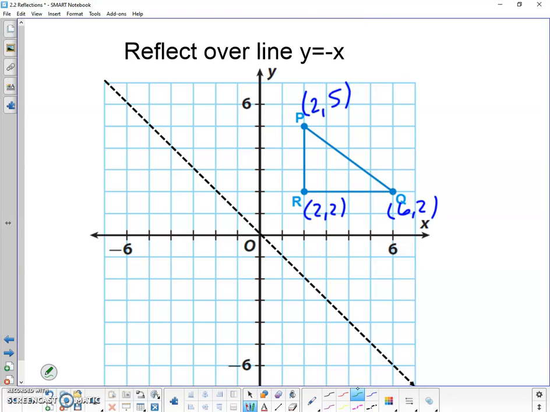Where do you think R is going to end up this time? (-2, -2). Okay, so this is my R prime.